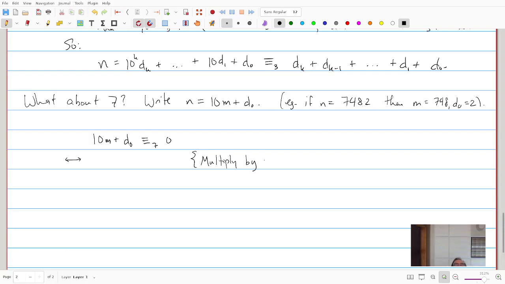Why minus 2? Well, it's because I happen to notice that negative 20 is 1 off from a multiple of 7, and so in particular, it's equivalent to 1 modulo 7. So minus 20m minus 2d0 is equivalent modulo 7 to 0.